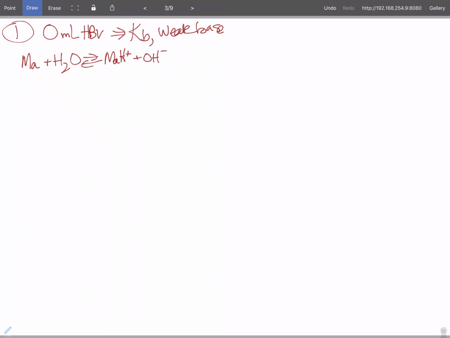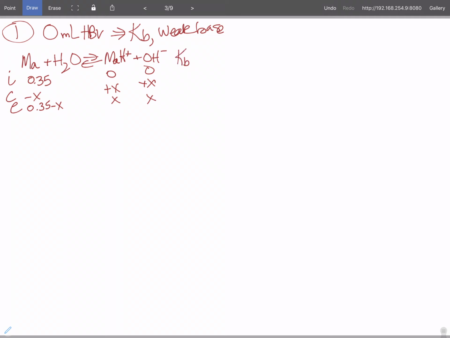Now, there's going to be an extra step in this one at the beginning, because it's a base. So it's the ICE table. We're going to start with the amount we have, which is 0.35, 0, 0, minus x, plus x, plus x, so 0.35 minus x, x, and x.